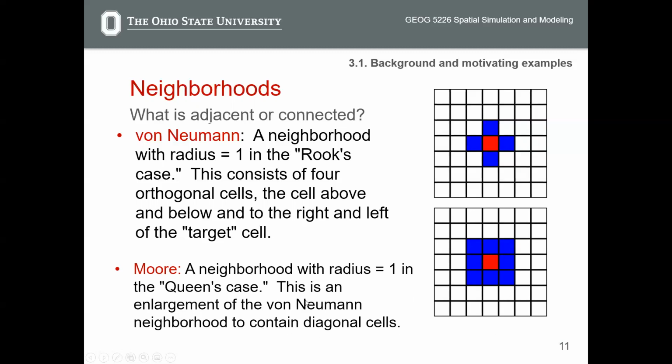So now if we are using the Moore neighborhood, you can see that the 4 other cells on the diagonal directions of the central cell are also included in this neighborhood. So it's pretty important to address the nature of the neighborhood in your simulation. Are you using the von Neumann neighborhood or are you using the Moore neighborhood?